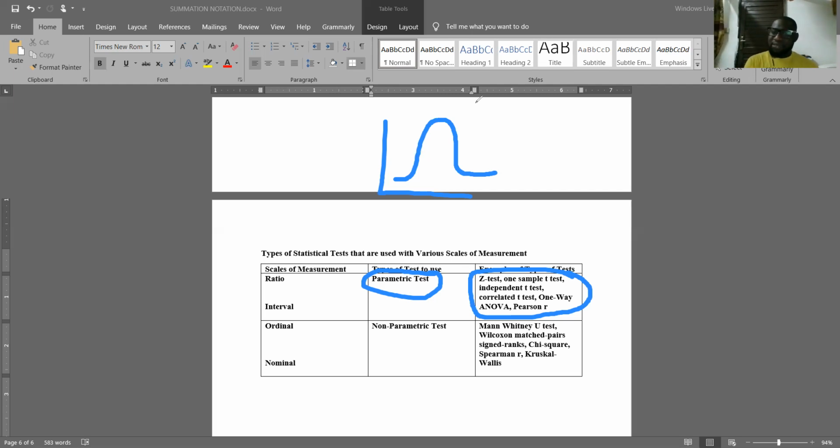We normally say that with a normal curve, there are certain characteristics you need to know. It is symmetrical. At the same time, the mean, median, and mode for any normal curve distribution should be equal to zero.